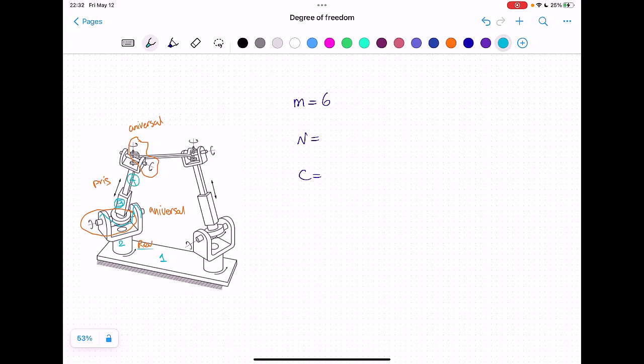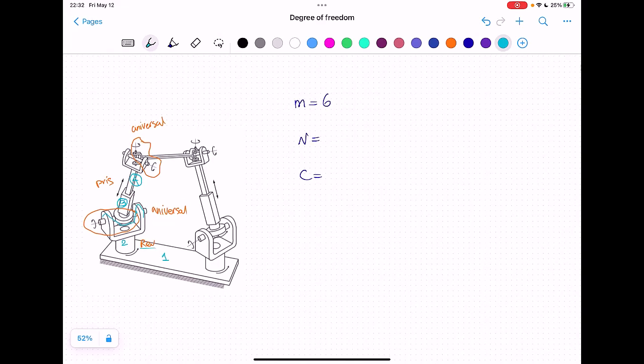So we count a total of 4 links, and here we have 5, 6, 7, and this entire shape 8. So we have 8 links.